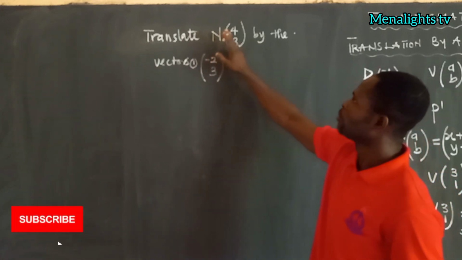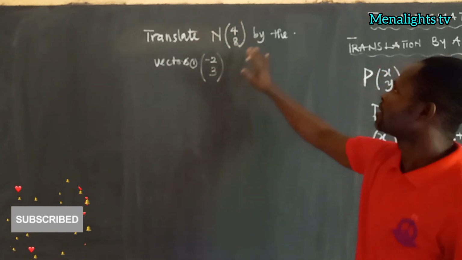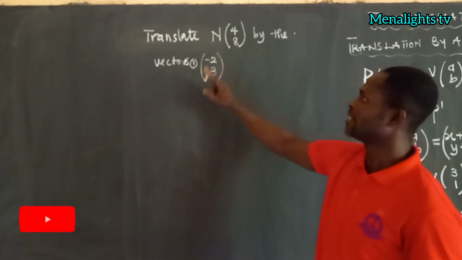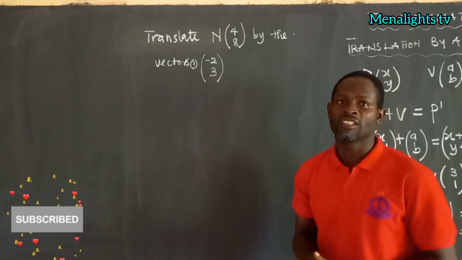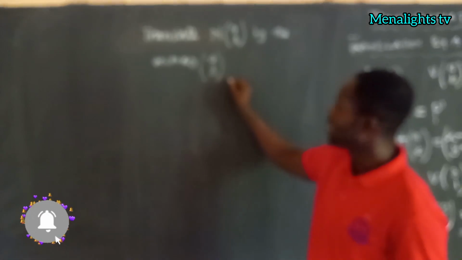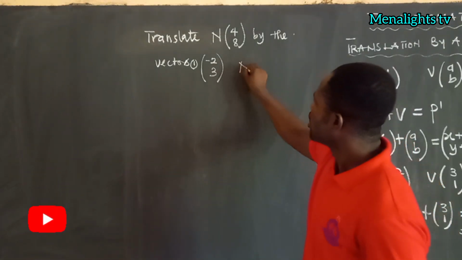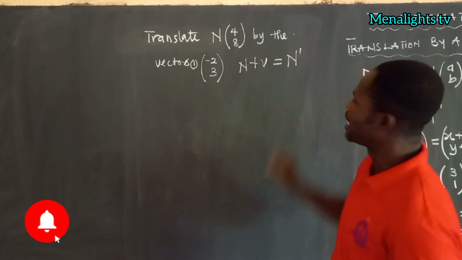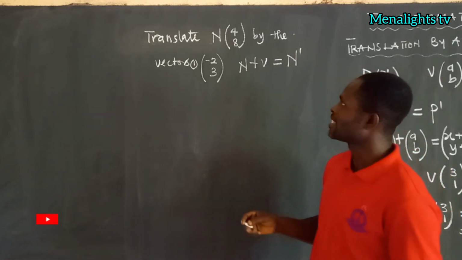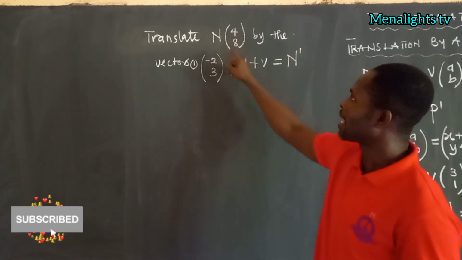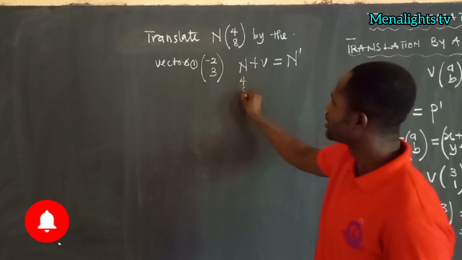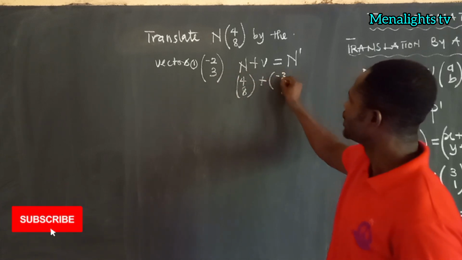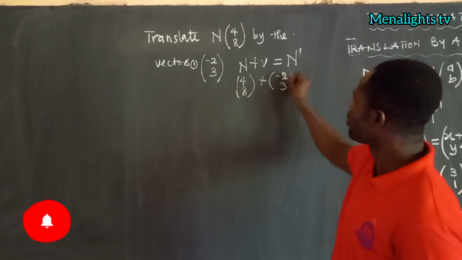Translate N, which is (4, 8), by the vectors. First we have the first vector, which is (negative 2, positive 3). So if N plus the vector is equal to the N image, then it means that N, that is (4, 8), we are adding the vector coordinates to it, that is (negative 2, 3).